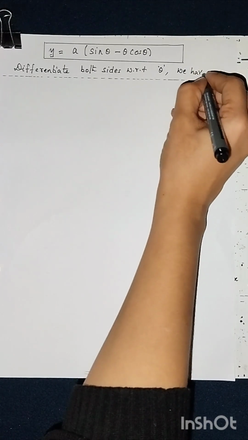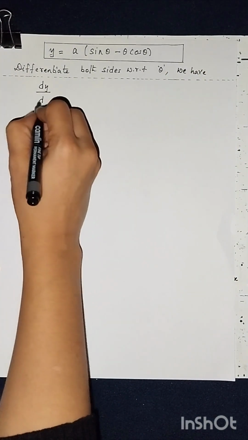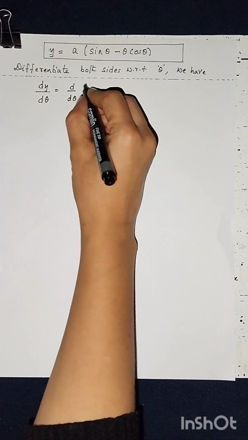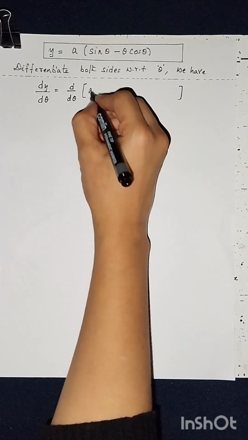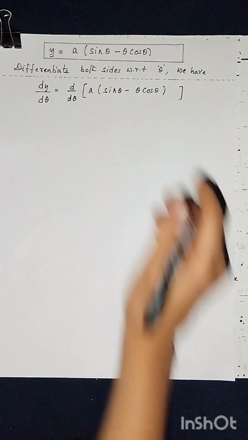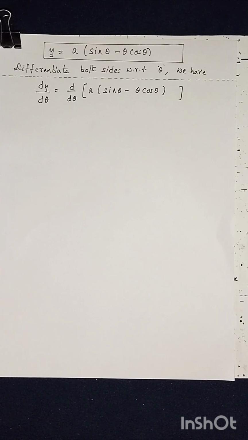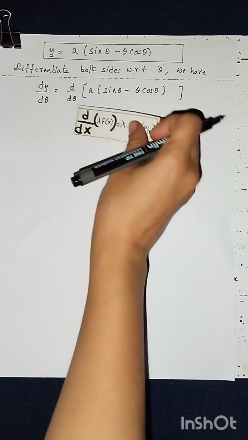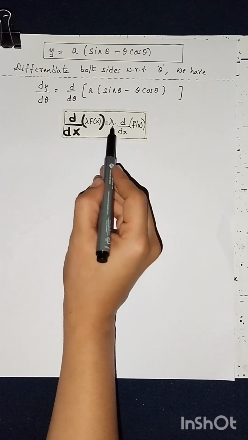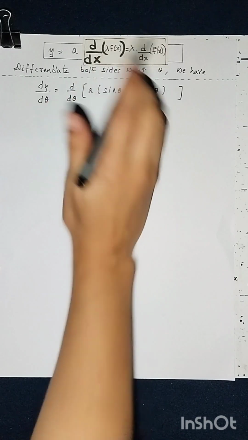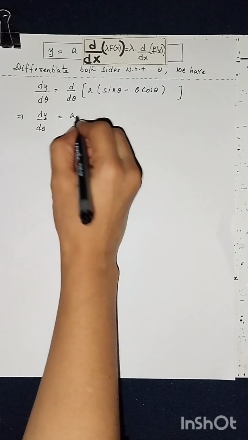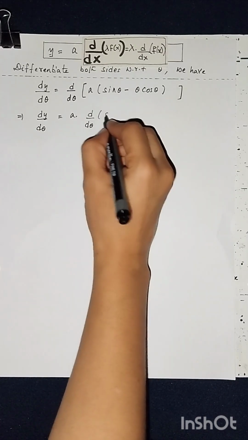We have dy by d theta is equal to d by d theta of a into (sin theta minus theta into cos theta). So again here we have derivative of constant into function, so we will write constant into derivative of the function.